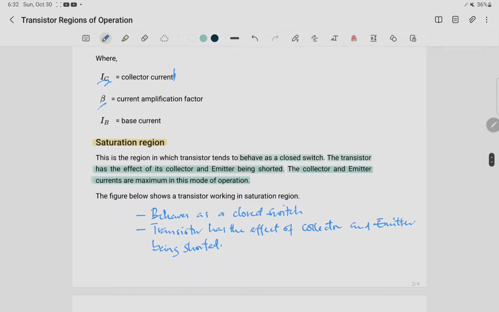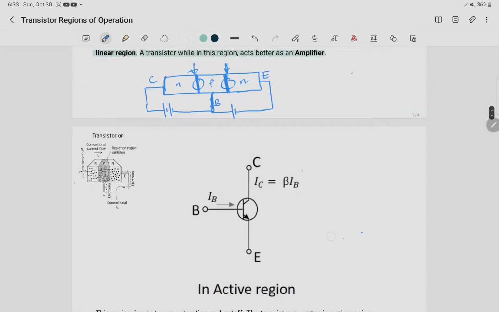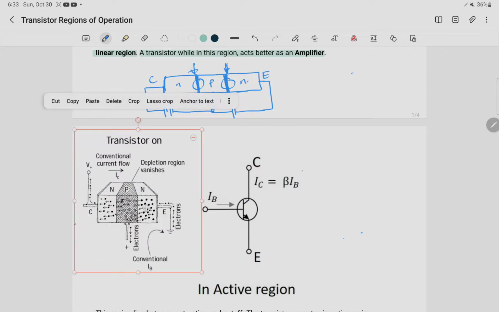The saturation region is basically formed when both the junctions are forward biased. So you find that all the electrons will just easily flow through across, since this is forward bias and this is forward bias.